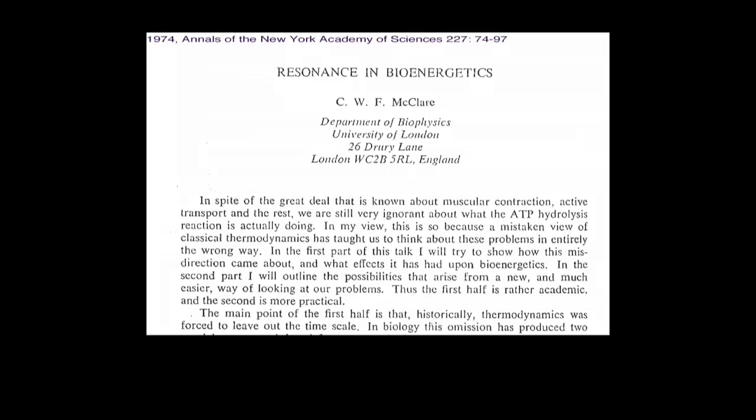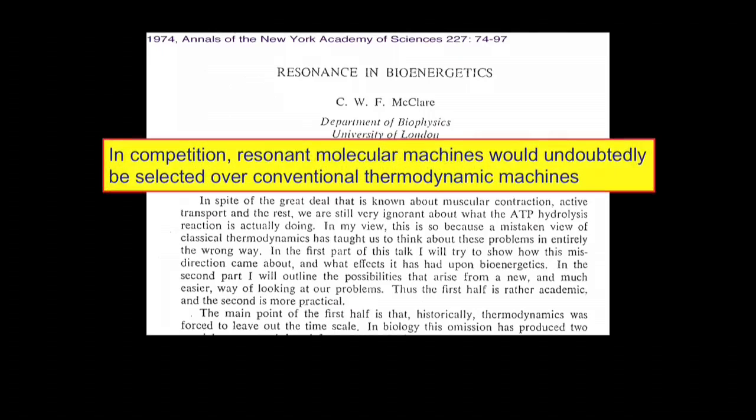But McClure reveals that to us, here's the excerpt. He says, in competition, resonant molecular machines, vibration, would undoubtedly be selected over conventional thermodynamic machines. So the physicist said, given a chemical signal or an electromagnetic signal, forget the chemical signal, go with the electromagnetic.